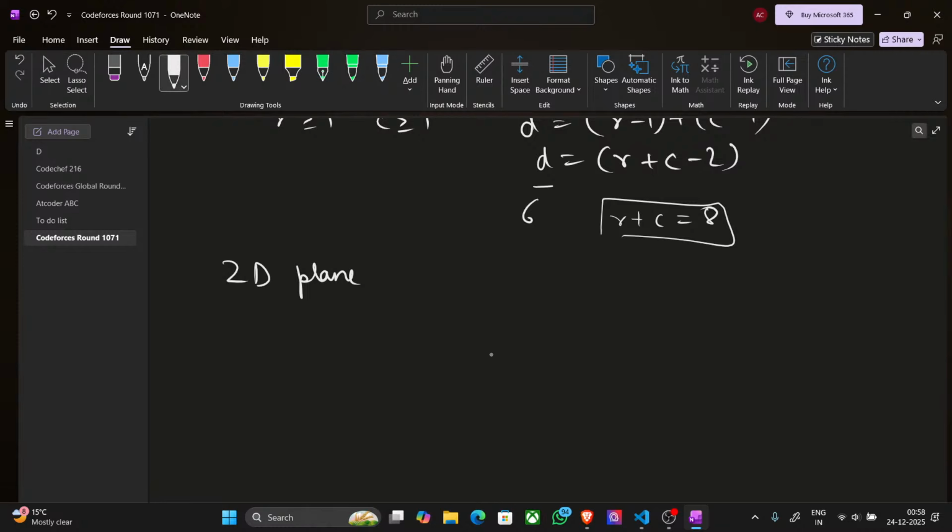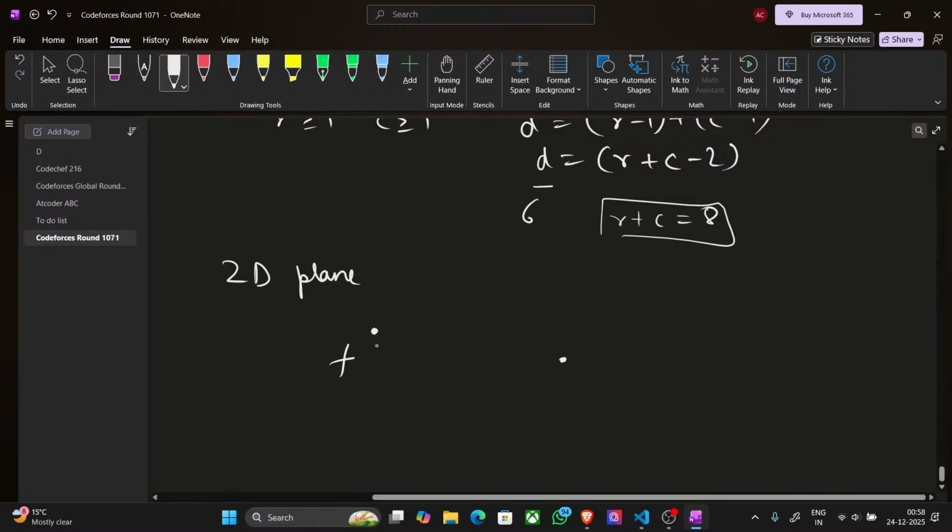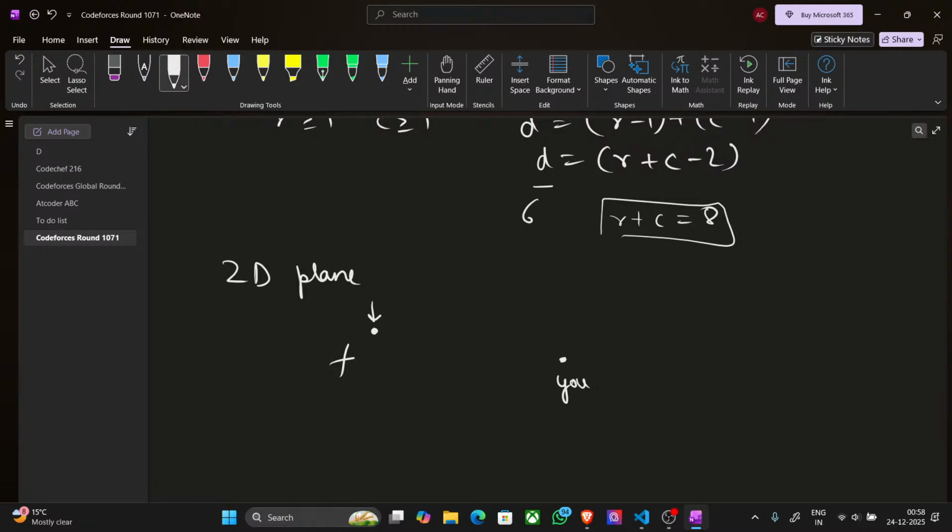In the triangulation method, let's say your friend is here on the map and you are here on the map, and you need to find the exact coordinates of this friend.